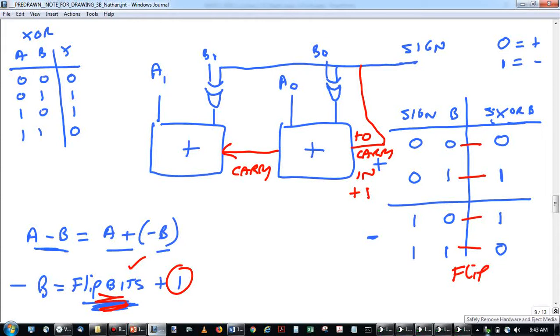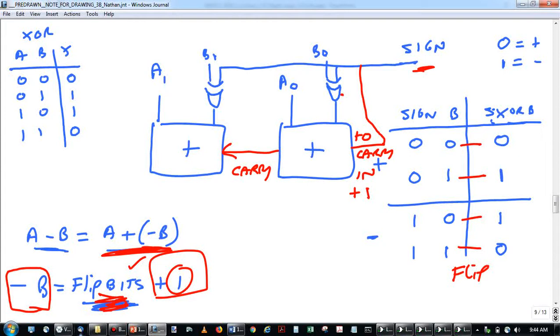To do that, we have to take B and flip or invert it. To do that, we flip the bits, which is our XOR gate and this sign bit, and then we have to add 1, and the 1 is coming from the sign bit. It's actually kind of nice and elegant in some ways.